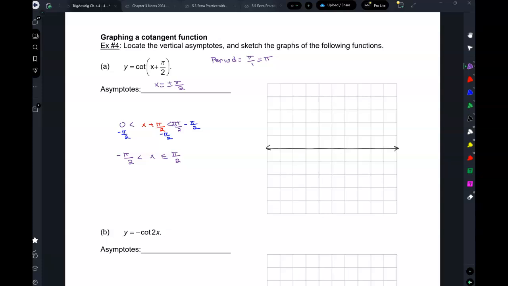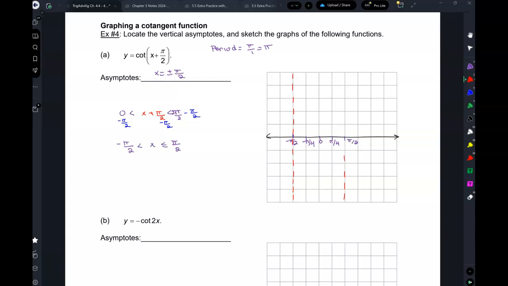All right, so here we go. This is negative pi over 2. 1, 2, 3, 4, pi over 2. 0 in the middle. And then here I got pi over 4, negative pi over 4. This is very similar to the homework that you guys did. All right, asymptote 1, asymptote 2. Center point is at 0. Now, oh, this is also where the y-axis is.